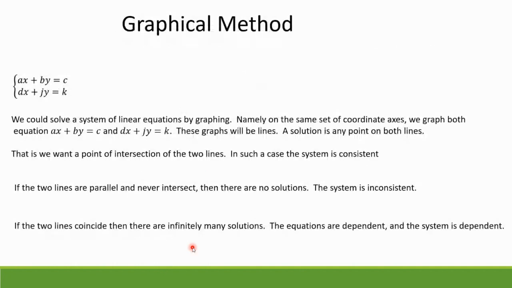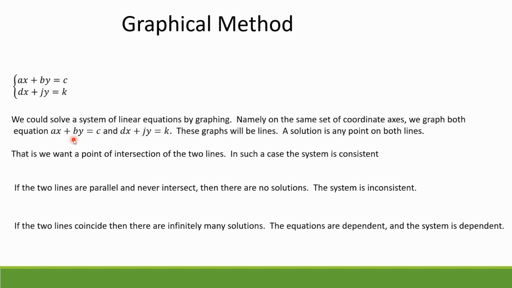Well, here, let's do the graphical method. We can solve this by graphing. Basically, we can graph each of these in the same coordinate axes, in the Cartesian plane. We graph both of these equations. Since the powers of x and y are 1, we're going to get straight lines.